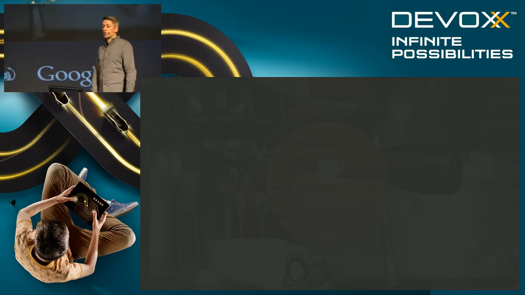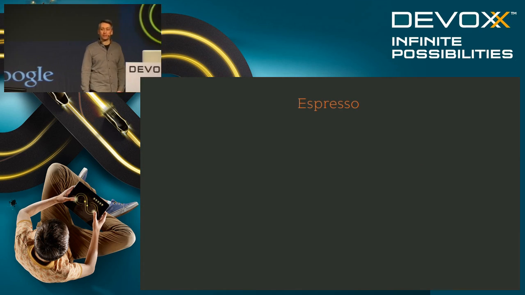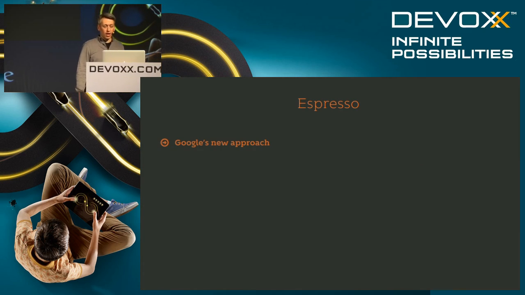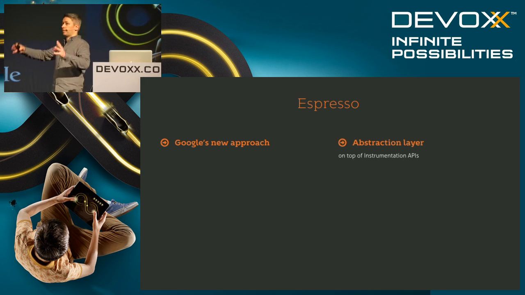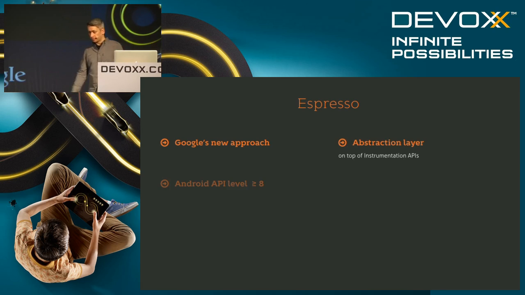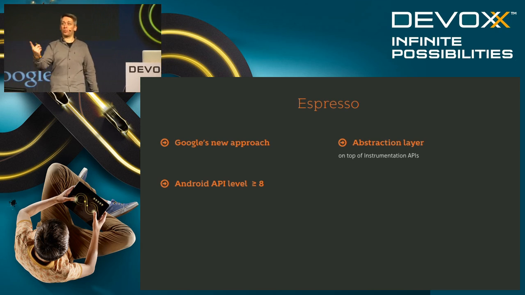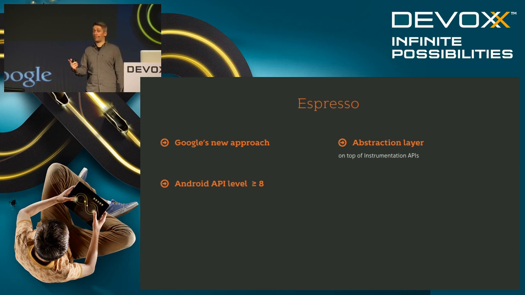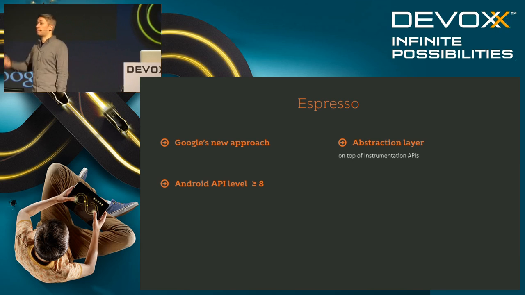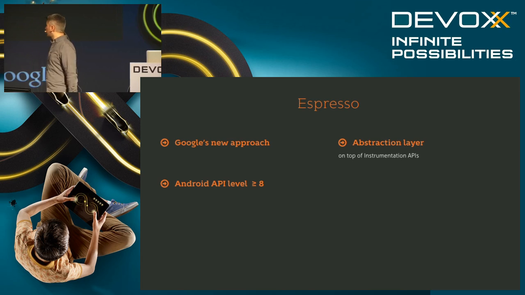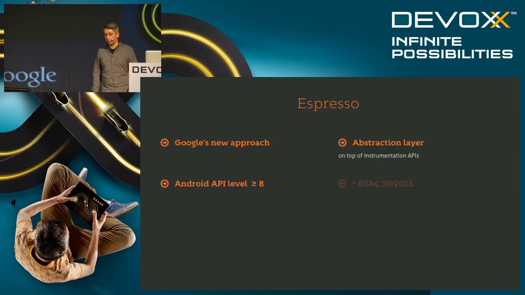So Espresso is one of the newer testing frameworks. It's a framework made by Google. It's also an abstraction layer on top of instrumentation testing. Good thing is you can use it since API level 8. I really hope nobody here is still making apps where you need to have them running on Gingerbread, but that means that you should really be able in your projects to start using Espresso.